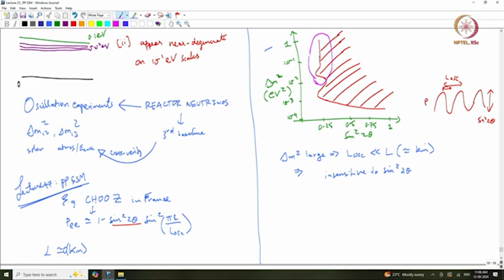Let me rephrase that, sorry: this is because now if L oscillation is much smaller than L, this goes to some constant value. And remember, this was the fast oscillation regime basically, correct?